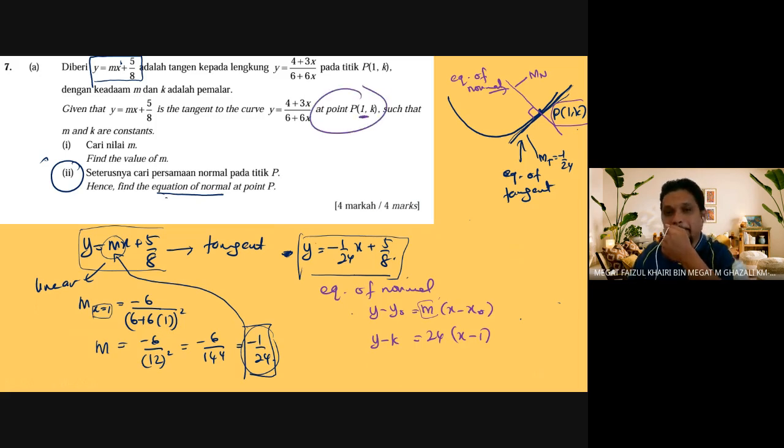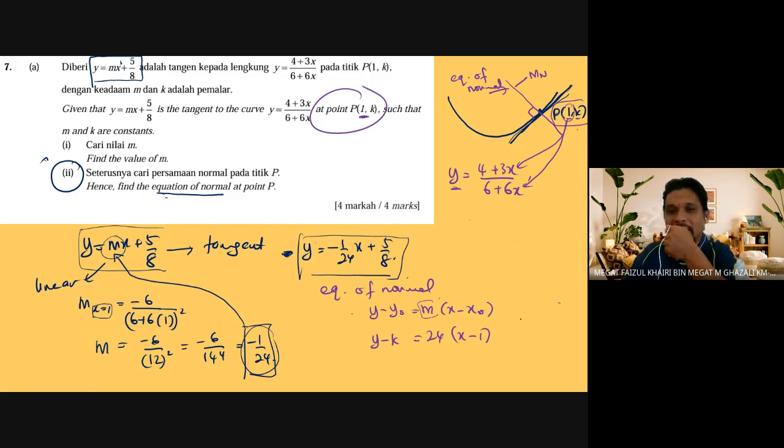Look at this one. Okay, so in this question, sometimes it is a bit tricky and confusing. So for this, let's say y equal to 4 plus 3x divided by 6 plus 6x. So according to the coordinate of P, 1 and k, can we just simply substitute 1 into this x so that we can find the value of y here?